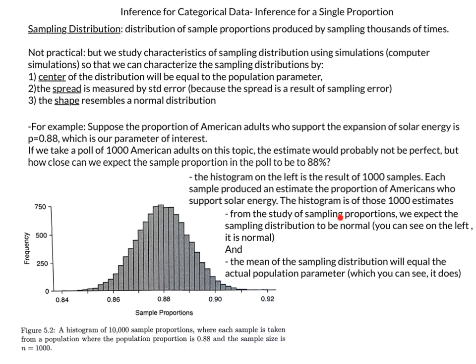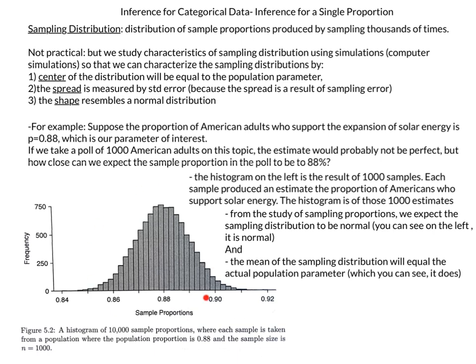From the study of sampling proportions, from these computer simulations, what we expect is the sampling distribution to be normal, as you can see, and the mean of the sampling distribution will equal the actual population parameter, 0.88. Again, the spread is due to sampling error, because not every sample is going to hit exactly 0.88.